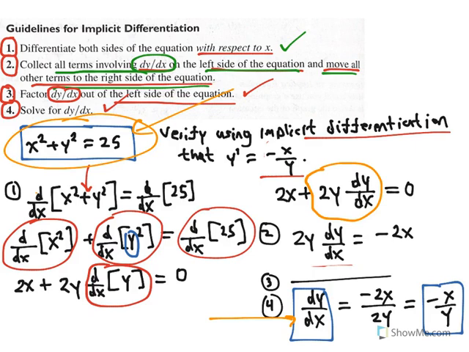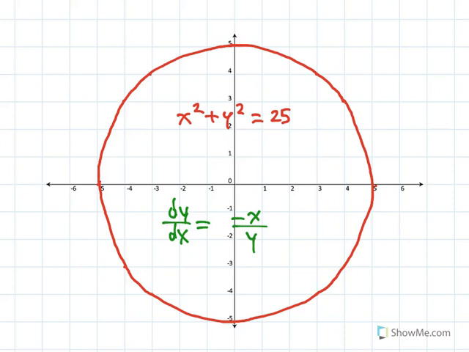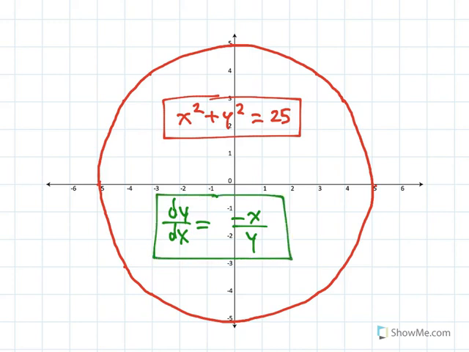So if you want to know, for example, consider a particular point on the graph of x squared plus y squared is equal to 25. So x squared plus y squared is equal to 25 gives us the red circle centered at the origin with the radius of 5. And dy dx would tell us the slope of the tangent line to the circle at a particular point on the circle.